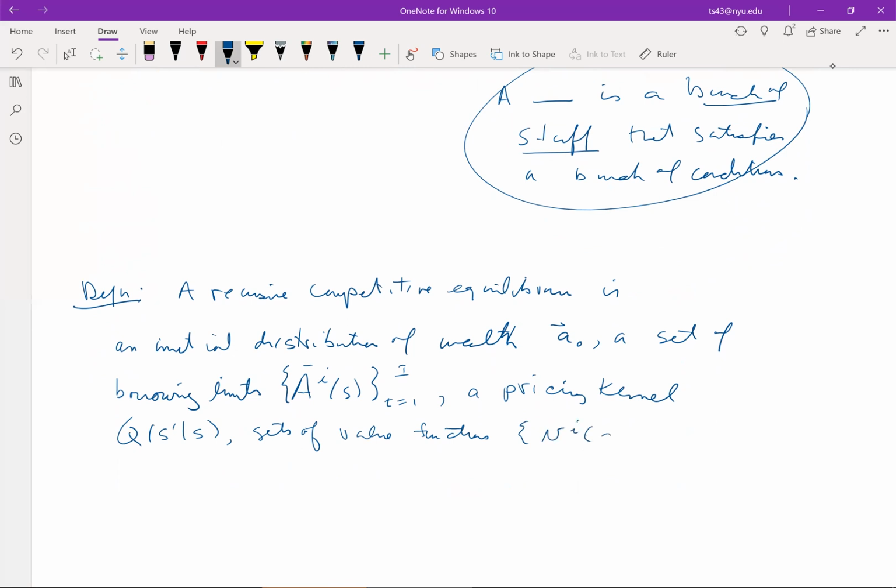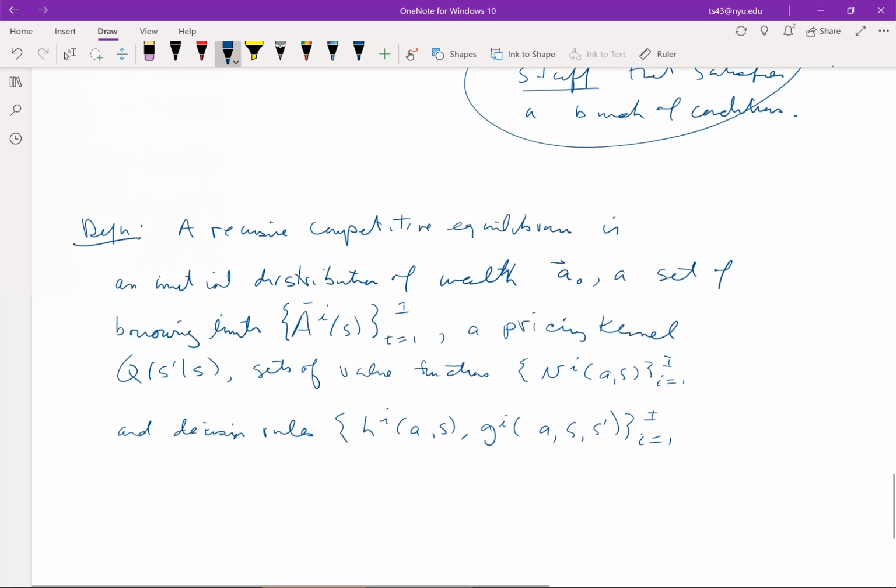These are V I of A, S. They go from I equals 1 through I. And decision rules, H I of A, S, and G I, that's my portfolio, A, S, S prime, goes from I equals 1 through I. Bunch of things.